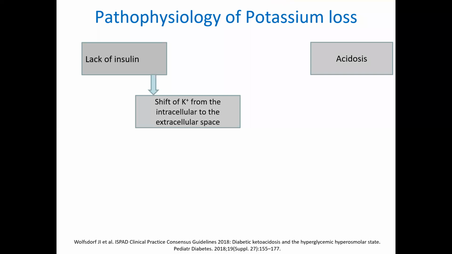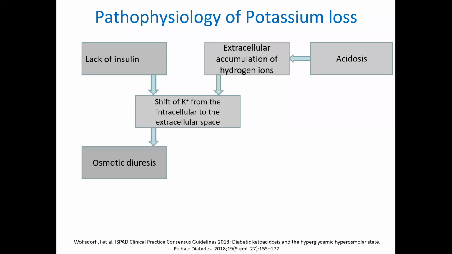Because of the acidosis, again, we have an accumulation of hydrogen ions extracellularly. And if you remember our physiology, hydrogen ions usually exchange with potassium at the cellular level. So when you have an increase in hydrogen ions, you'll have hydrogen ions shifting intracellularly in exchange for potassium ions, which will shift extracellularly. So at the end of it, you have an increase of potassium in the extracellular space.